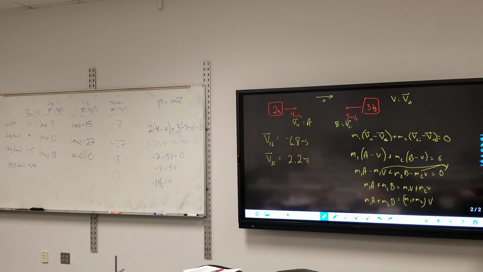This equation right here, we've actually done this before, not with the letters, we plugged numbers in. But what is this equation?